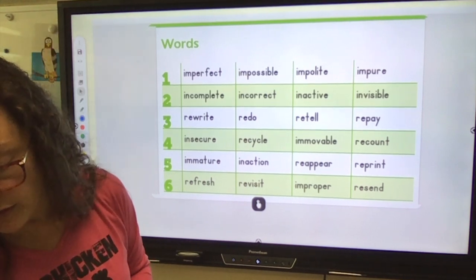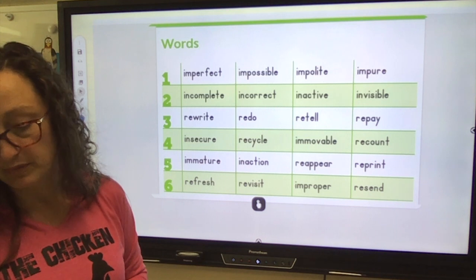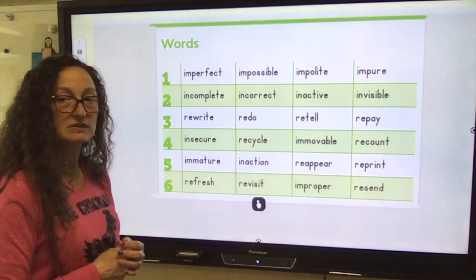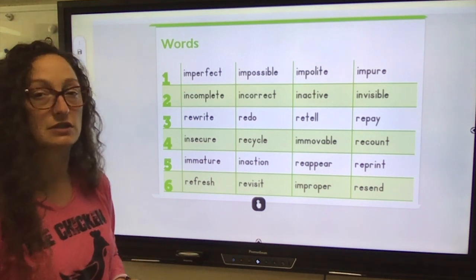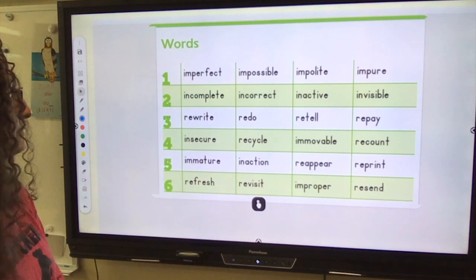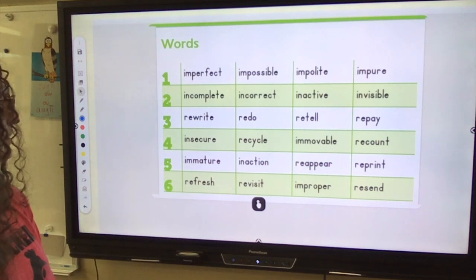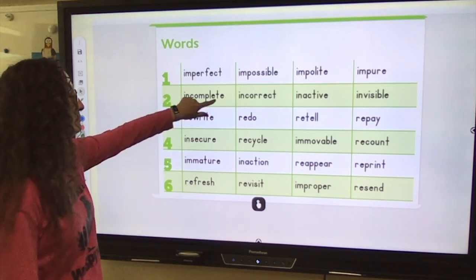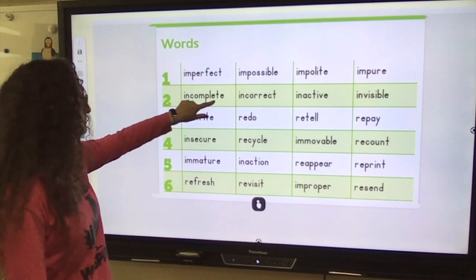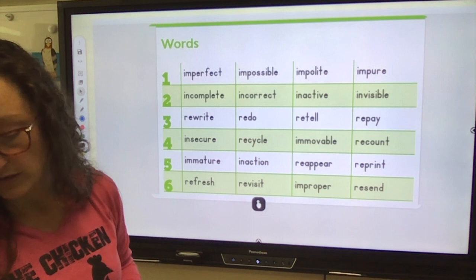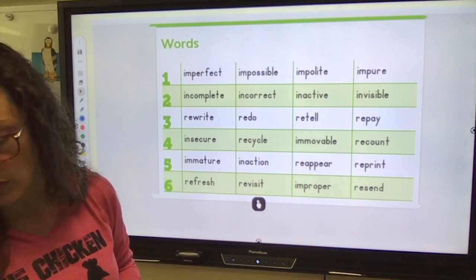Okie dokie. The drawing was blank, so she finished it. If something isn't finished, what word up here could it be? Incomplete. If something is not complete, it is incomplete. It is not finished.